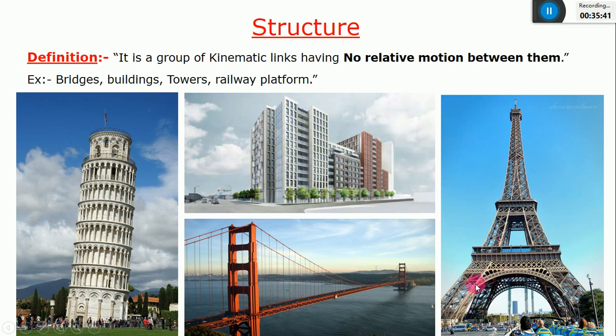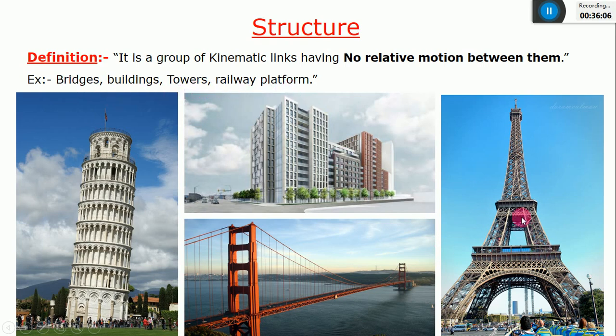Here also you can see there are so many kinematic links, which are attached to the other links, but there is no relative motion. It means it is a group of so many kinematic links having no relative motion between them. Such a group of kinematic links I can call a structure.